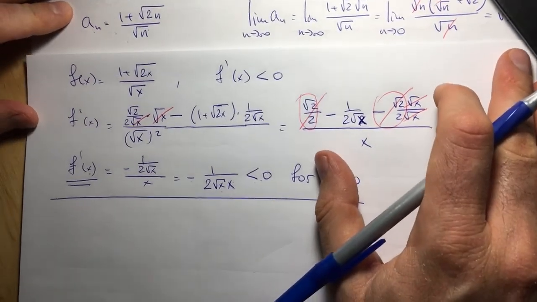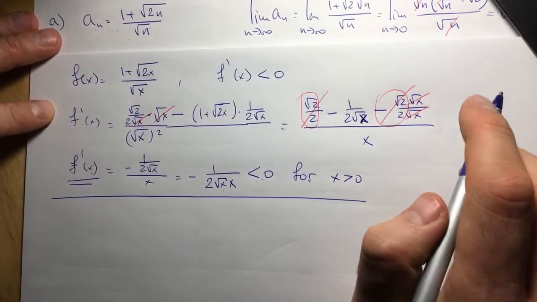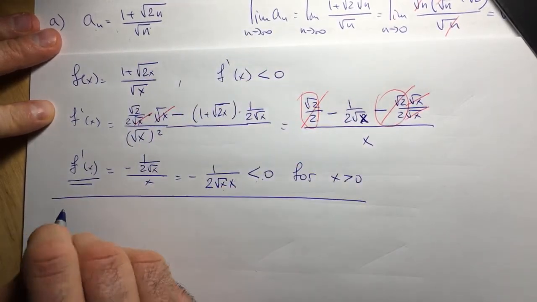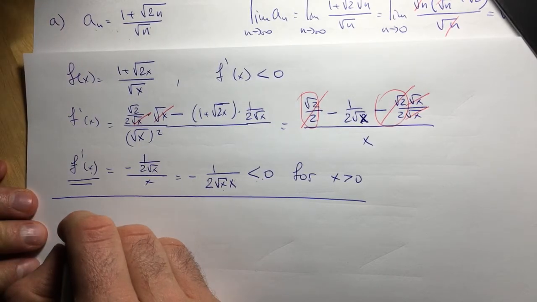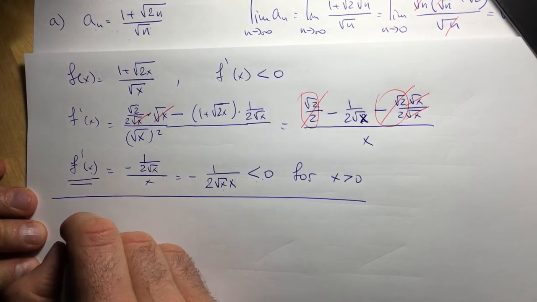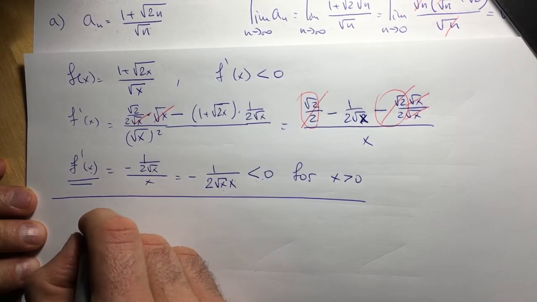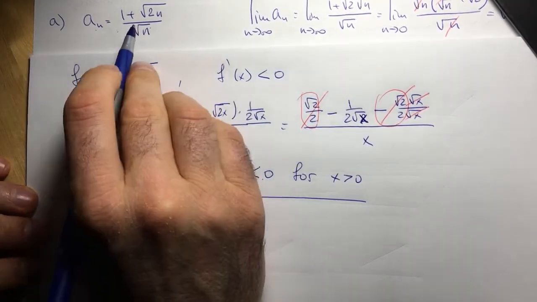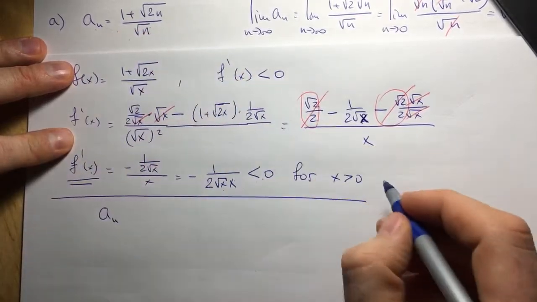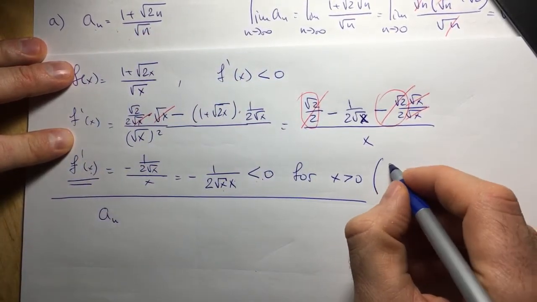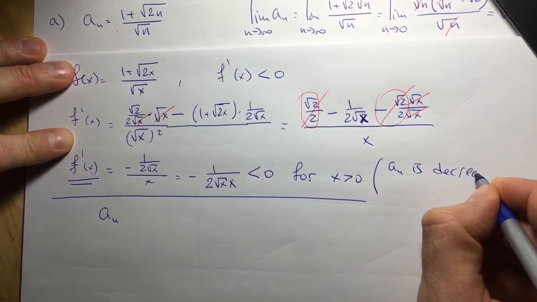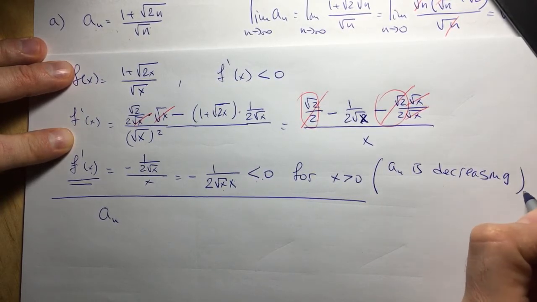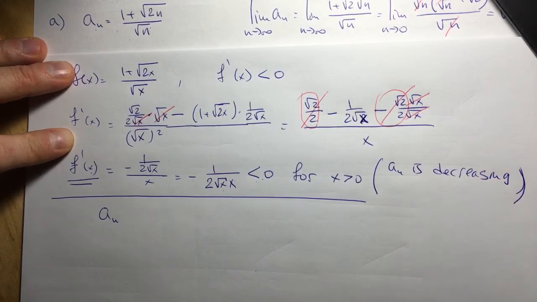Okay, and now in order to finish this problem, I have to show that a_n is bounded. So we will show that a_n is bounded from above and below. A_n, look at this. Let me just conclude here one more time, just confirm that a_n is decreasing, which means it's monotonic, right?